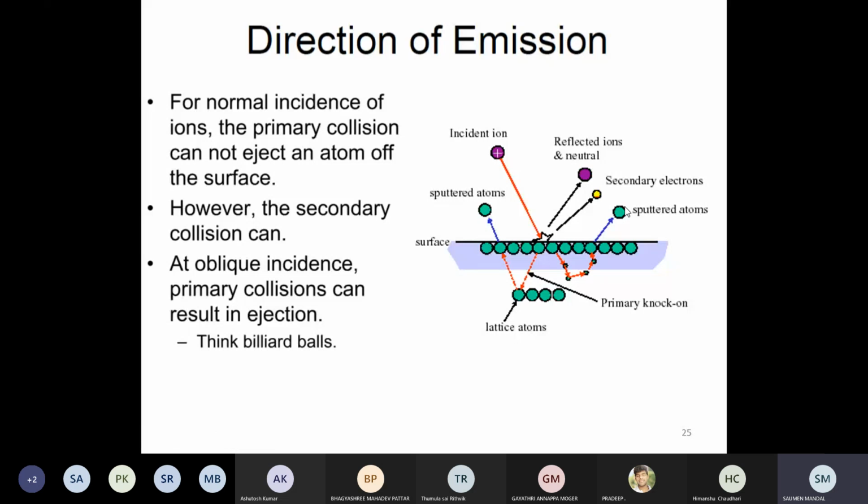Apparently it is going out from the top, but it is actually due to the secondary collision. And primary collision can result in ejection, like the billiard ball.